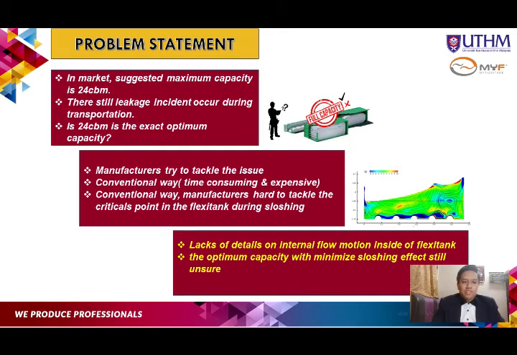Besides that, the conventional way makes it hard for the manufacturer to tackle the critical points, as there is a lack of details on the internal flow motions of the sloshing in the flexitank. So the main problems in this study are the lack of details on the internal flow motion inside the flexitank and the still unsure optimum capacity with minimized sloshing effects.